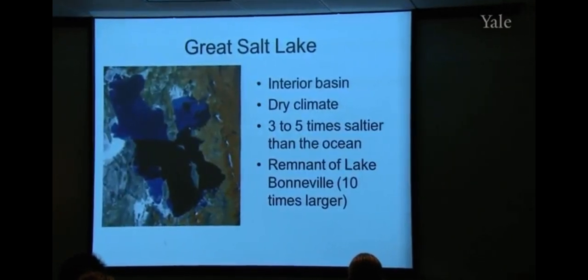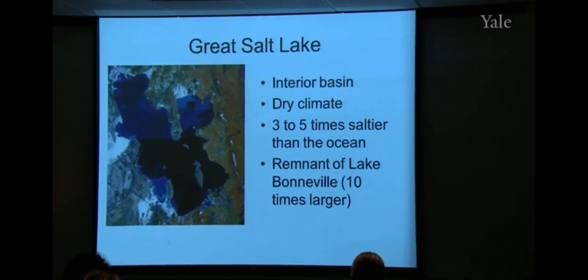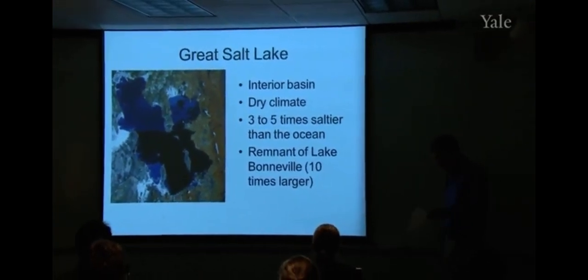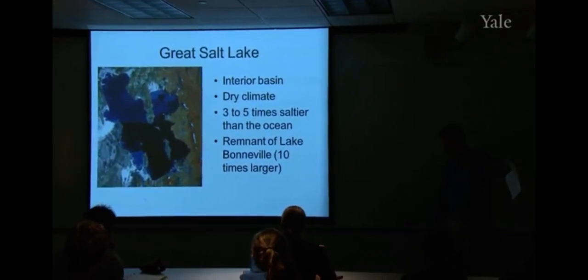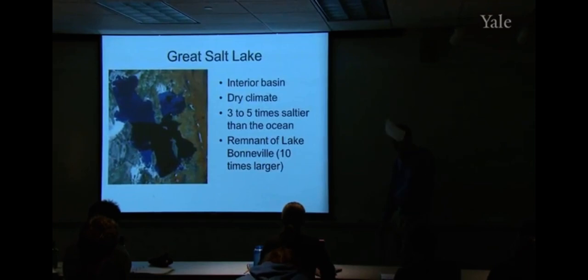Are there any other simple analogies to this? Well, I would point you to the Great Salt Lake as kind of an analogy to the world ocean. The Great Salt Lake, unlike most lakes, doesn't have an outflow. When water flows into the Great Salt Lake in Utah, it doesn't spend a few weeks there and then flow in some river into the ocean. No, it basically stays there until it evaporates.